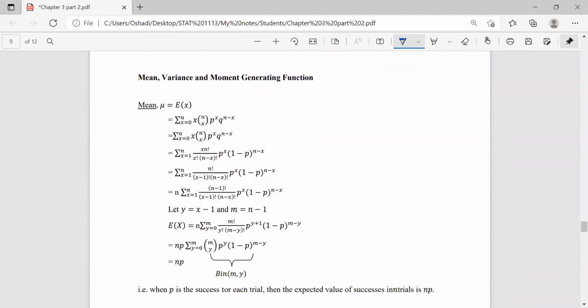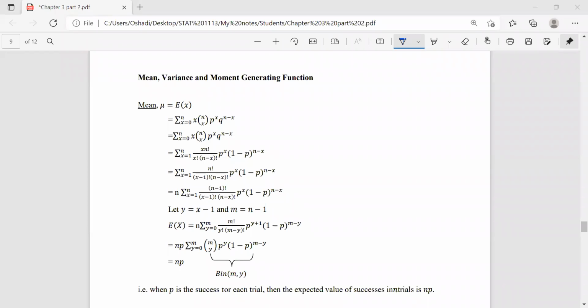Okay. So in the discrete uniform distribution as well as in the Bernoulli distribution, we discussed the special properties: mean, variance, and moment generating function, right? So we can develop the mean, variance, and moment generating function in the binomial distribution as well. You know that we can find the mean, mu, using the expected value.